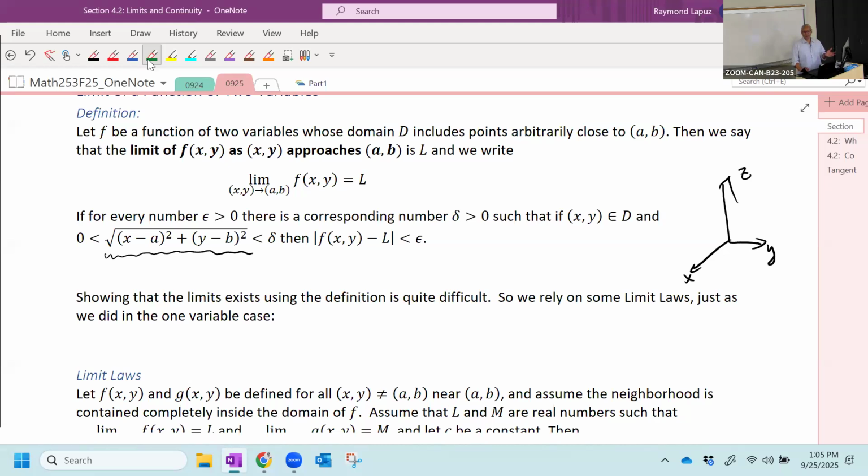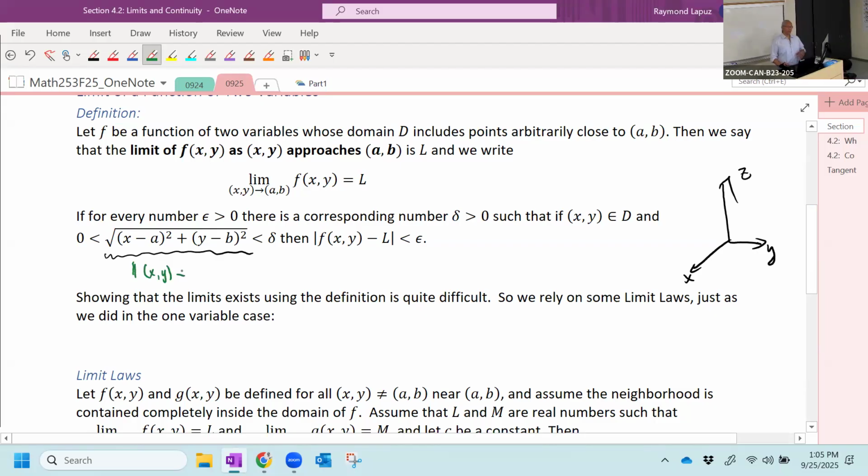Does that make sense? What do we call that? Magnitude. So what we're really saying here is the magnitude between x, y, your arbitrary point, and the point in question, a, b, and that's the magnitude.